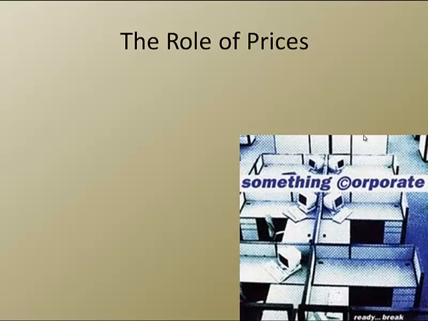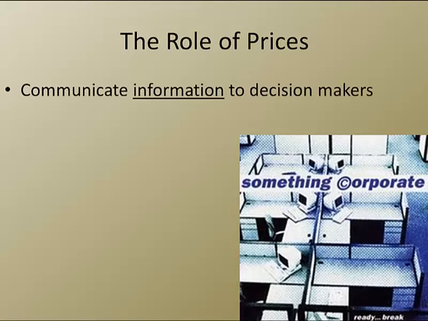I bought most of mine for about $10. So I didn't really want to pay $25. So I did a little bit of searching around the internet, and I found some spare copies at the recording studio where they made the album. They were only charging about $12, so I ordered a few copies and kept one for myself, sold the rest on eBay. Prices communicate information to decision makers.